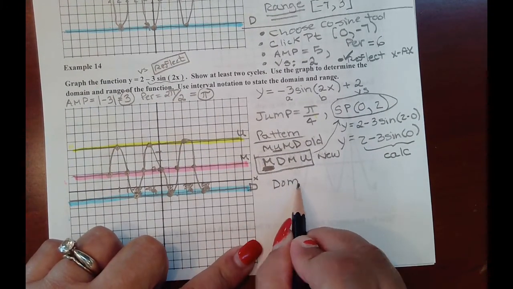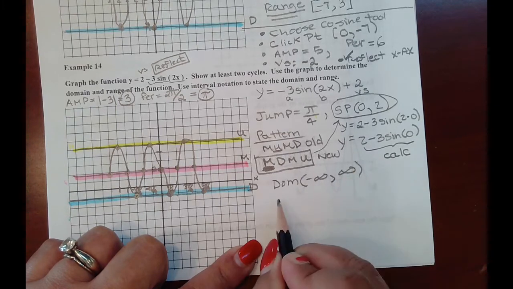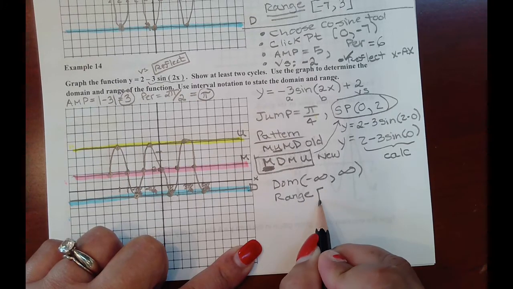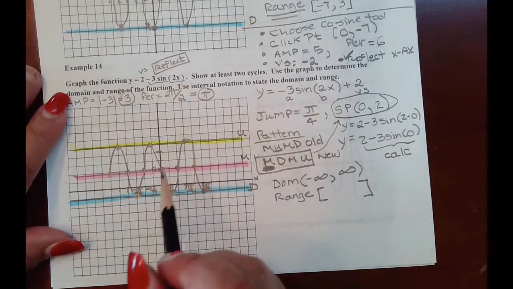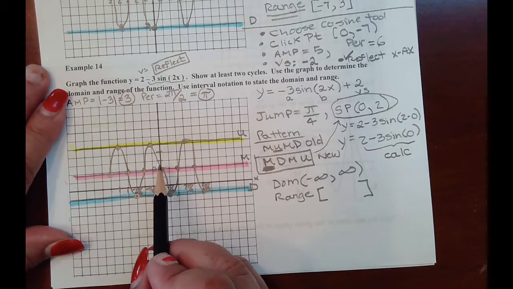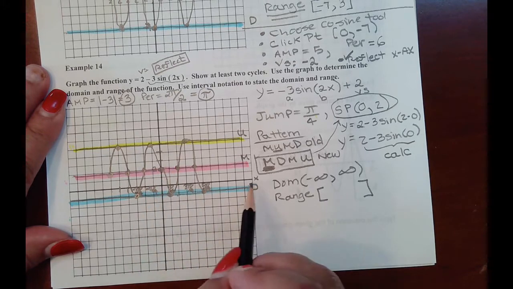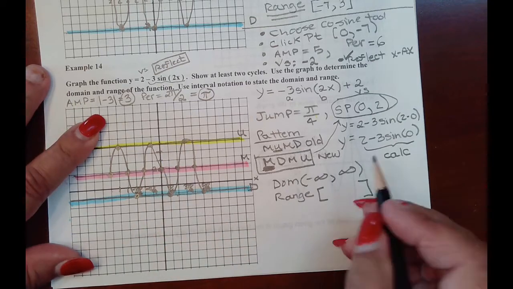Okay, domain is negative infinity to infinity. The range for this particular problem: well, this goes as high as, let's see, this is 3, oh no wait, that's 2. This is the x-axis, so this is 1, 2, 3, 4, 5.